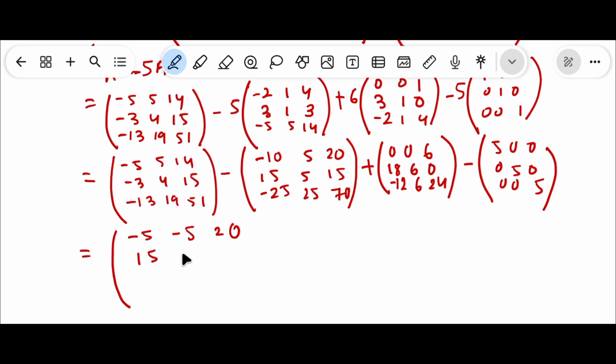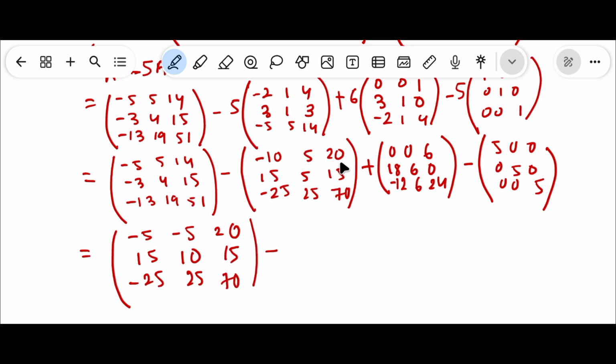Then 4 plus 6, that is 10. Then we have 15. Then minus 13 minus 12, that is minus 25. Then 19 plus 6, 25. Then 51 plus 24, that is 70.